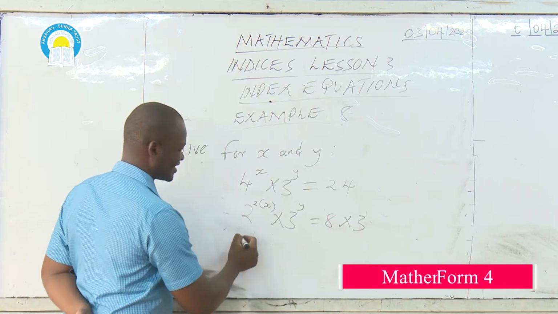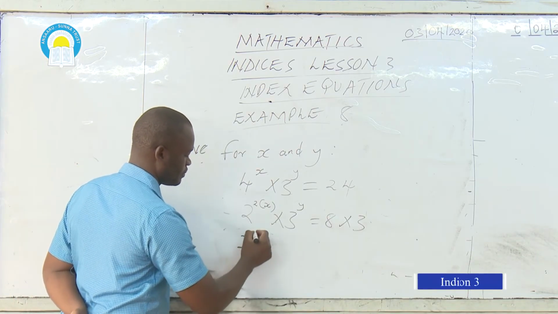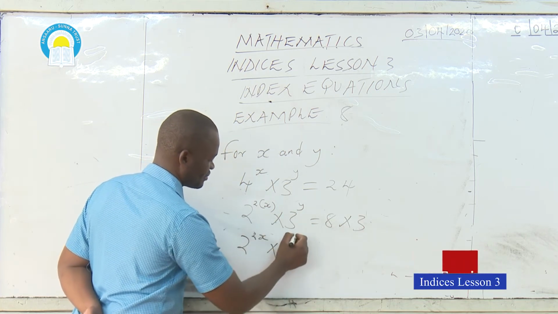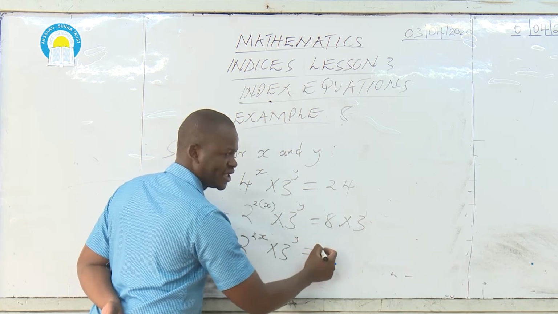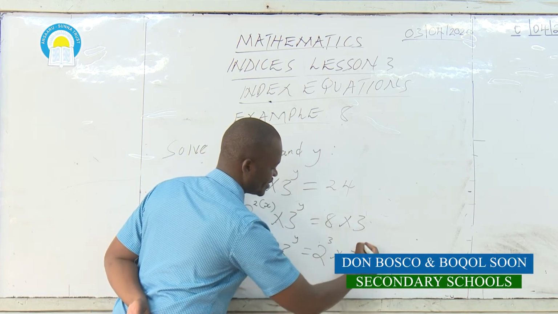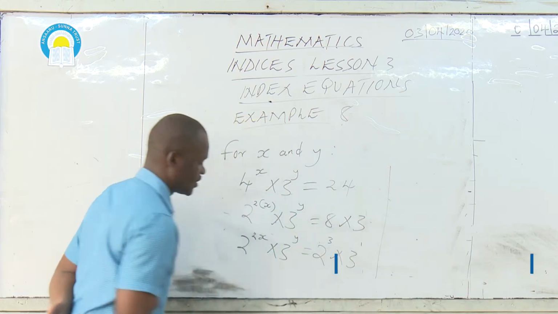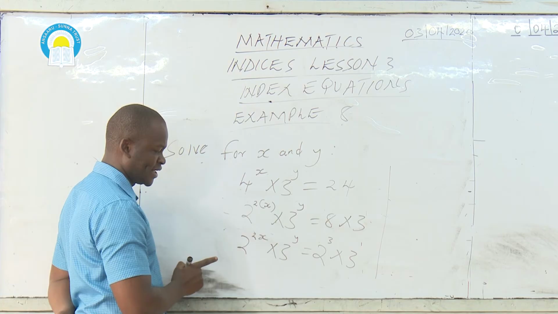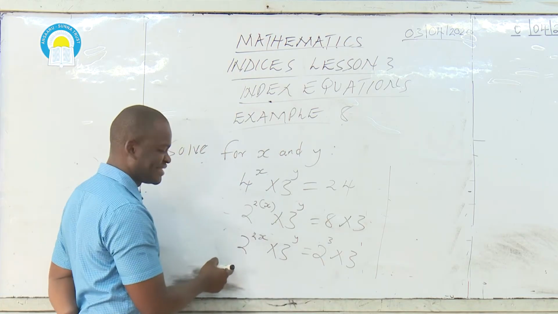Then in our next step, we have 2 power 2x times 3 power y equals 8, which is the same as 2 power 3 times 3 power 1. Then equate numbers on both sides having similar bases.